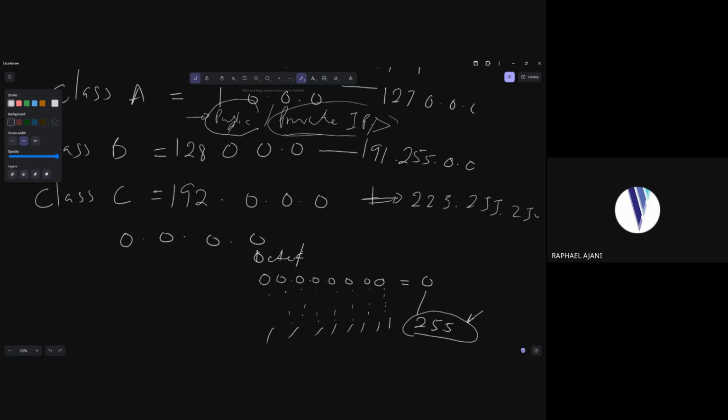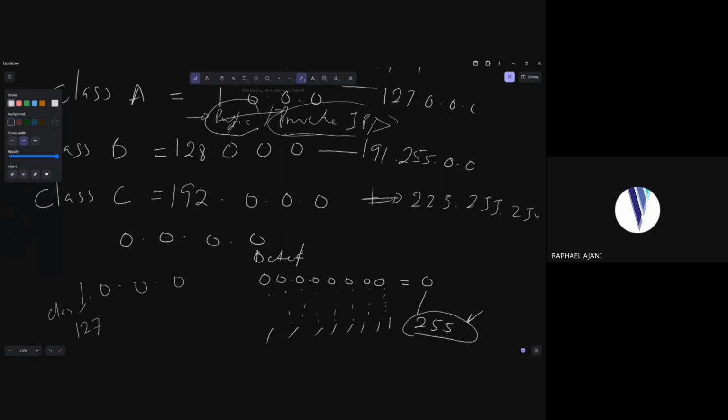Each of these numbers progresses, like this one, for example, starts from 1 to 127, which is class A, yes, right?